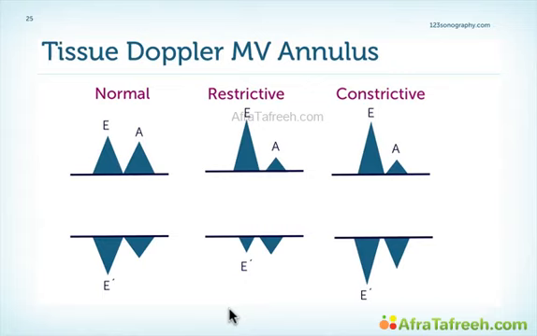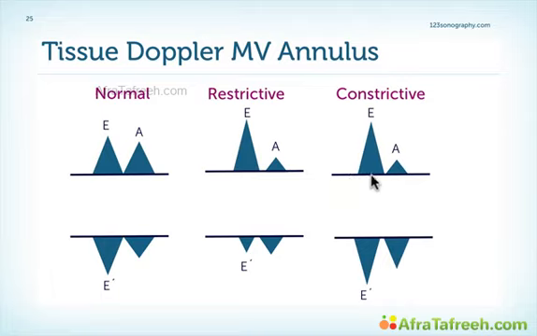Restrictive cardiomyopathy is the classical indication for tissue Doppler of the mitral valve annulus. Because left ventricular filling pressures are elevated, we have small E' waves in patients with restrictive cardiomyopathy. This is in contrast to patients who have constrictive pericarditis. So here we are again comparing restrictive to constrictive.